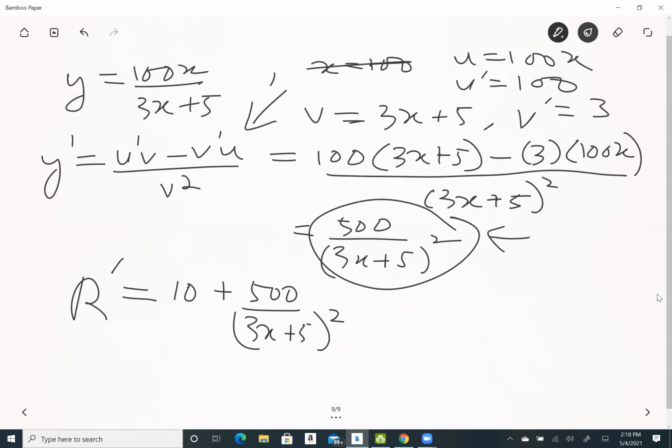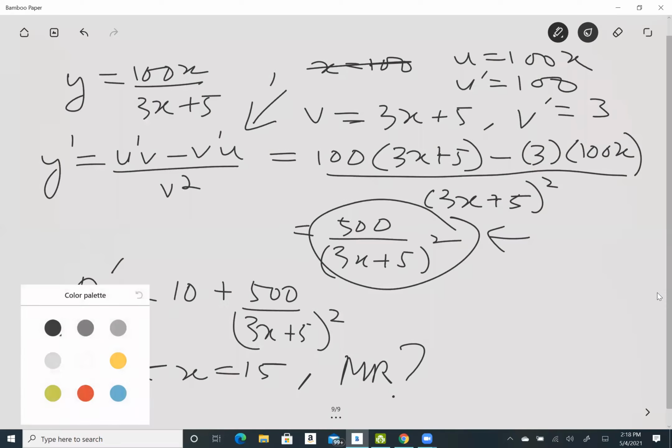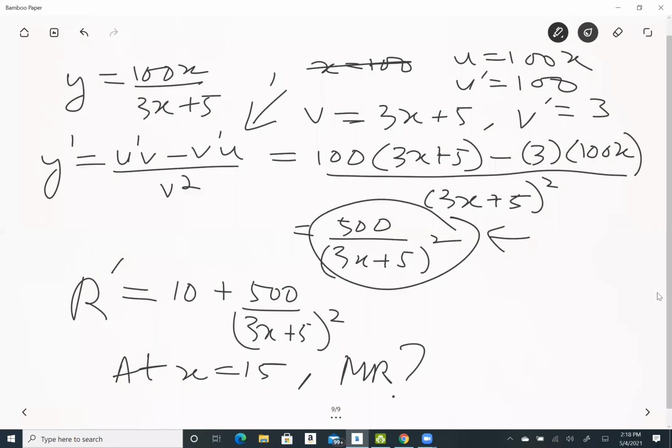What do you want to do for the next part? Well, the next part: what is the marginal revenue at x equal to 15? How do you find the marginal revenue at x equal to 15? Anybody? Where do we substitute the x into what function?